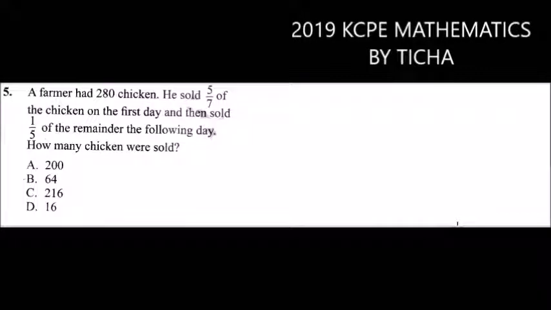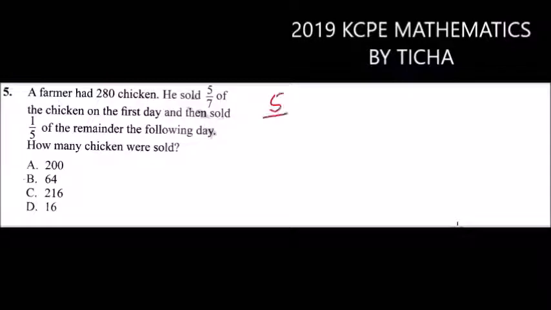Question number 5. A farmer had 280 chickens. He sold 5/7 of the chickens on the first day and sold 1/5 of the remainder the following day. How many chickens were sold? So what you do here is, because the first day the farmer sold 5/7, you say, what is 5/7 of 280?